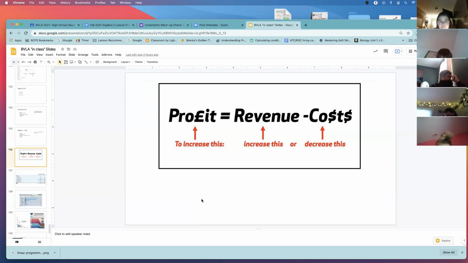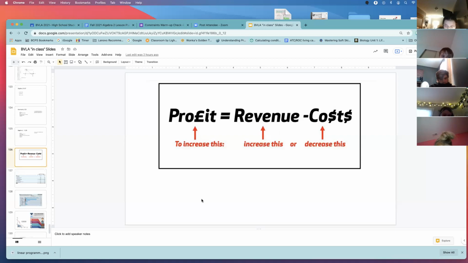And when you take revenue minus cost, you get profit. Now there's a revenue function, and you guys already know a revenue function is pretty much like if you were selling cookies at $3 a cookie, you multiply 3 times the number of cookies you sell, so it's 3x. And then cost, you might have a different equation or function for cost, and when you put those together, you get profit.